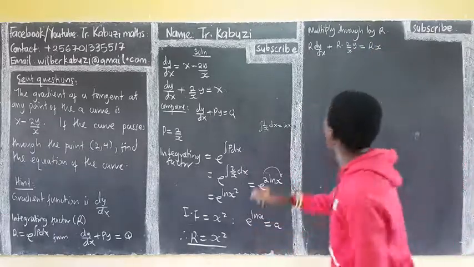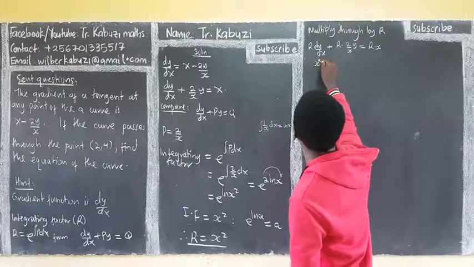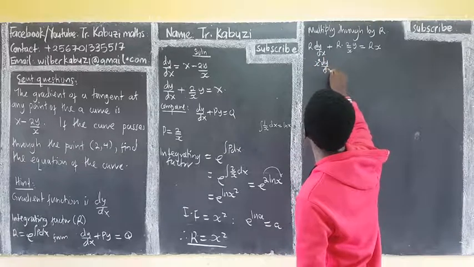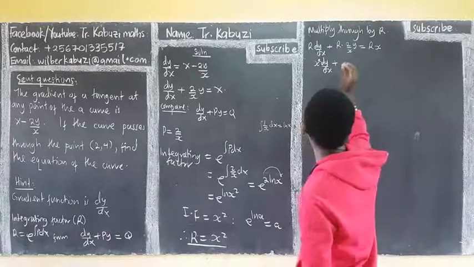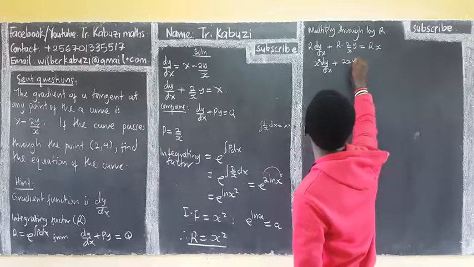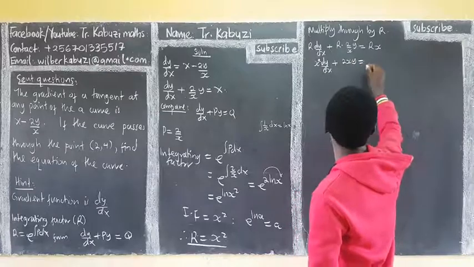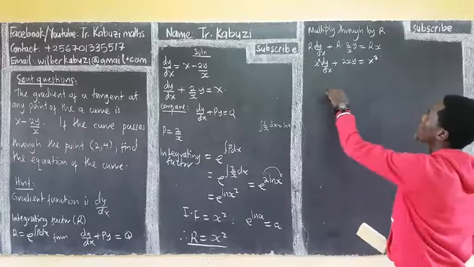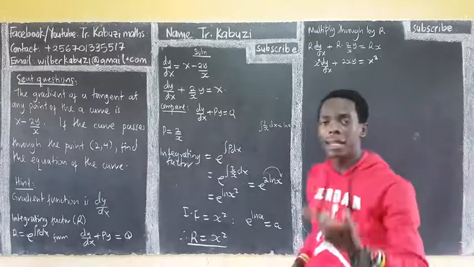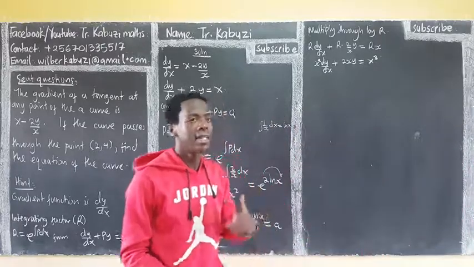So now my r is this, so this will be x squared dy/dx plus x squared times 2 over x, which is 2xy, equaling x cubed. Now it's exact. Why do you call it exact?